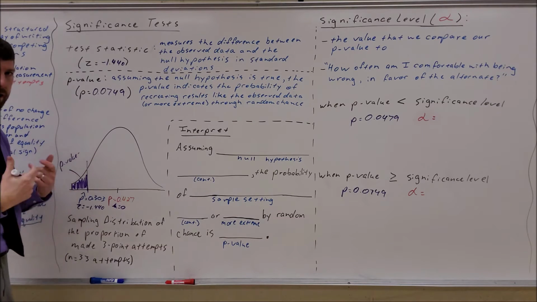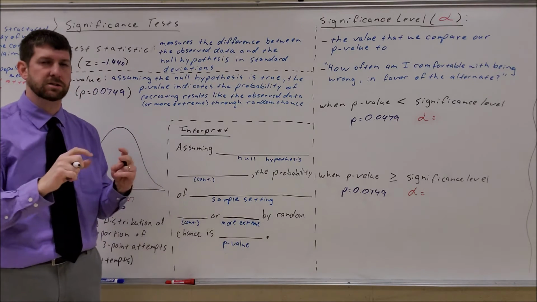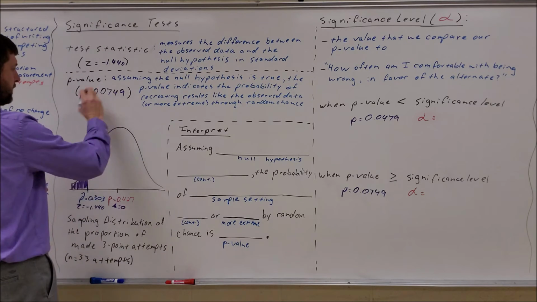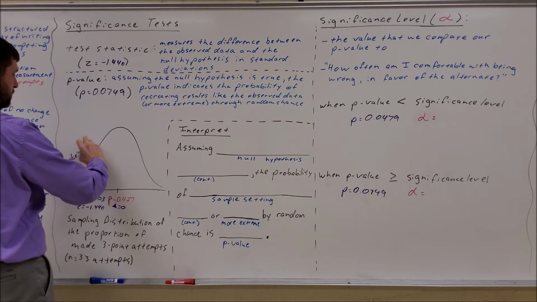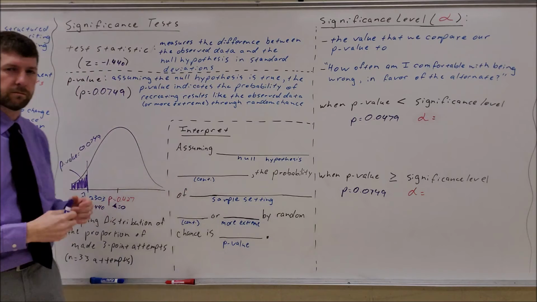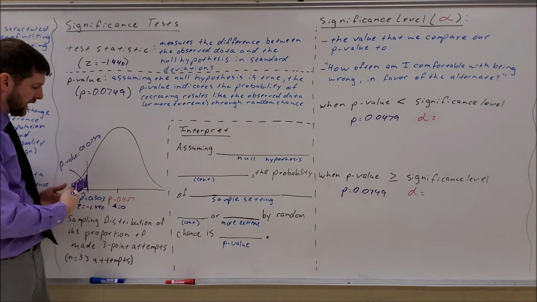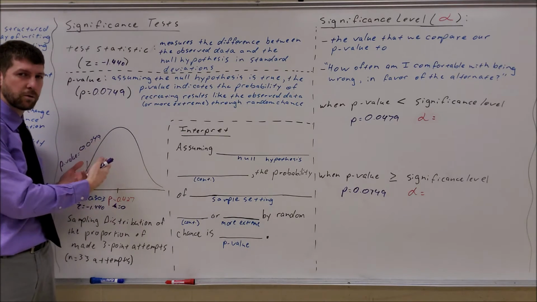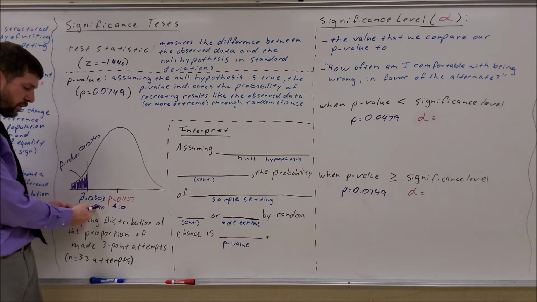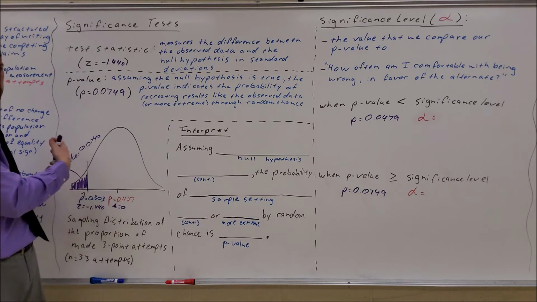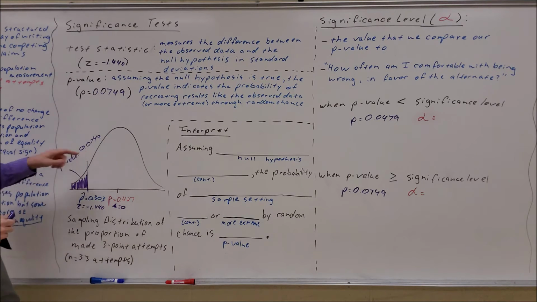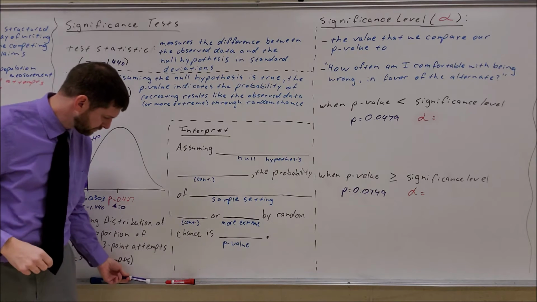If you think back to when we talked about sampling distributions, we sometimes call it the randomness probability or the random chance probability. In this case it works out to 0.0749. If you want to know the calculation, if I did a normal CDF on this problem using negative 1.440 and doing a left tail calculation, it would give me that area of 0.0749.